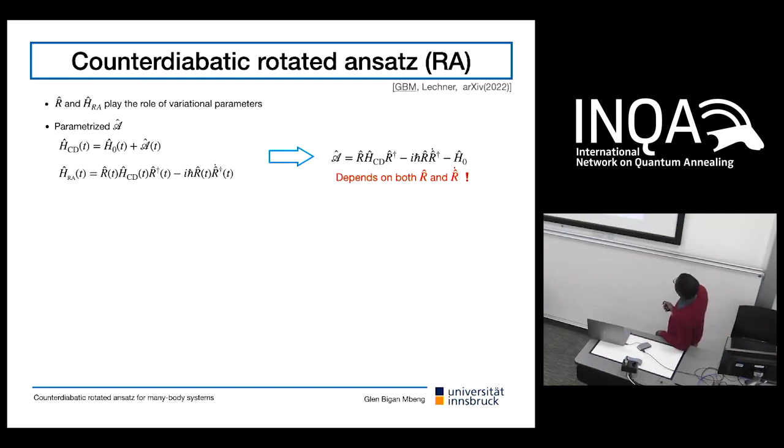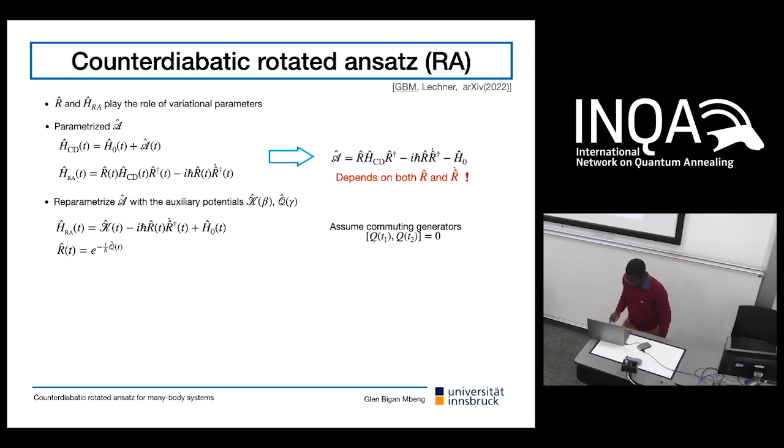The problem is that this potential depends simultaneously on R and R dot, where R is the rotation. If we want to see R and the final Hamiltonian as our variational parameters, this is a problem, because we cannot optimize when the potential also depends on the derivative of the variables.